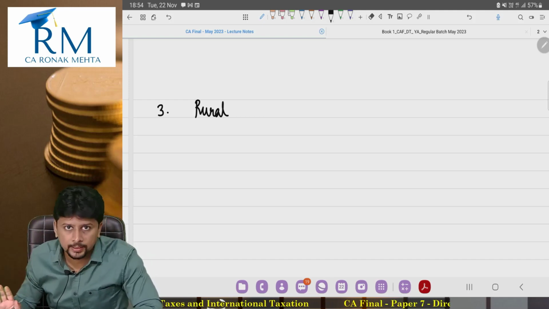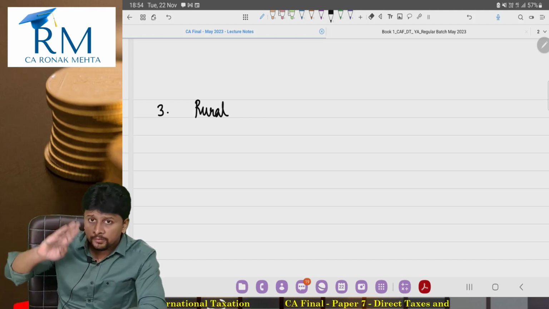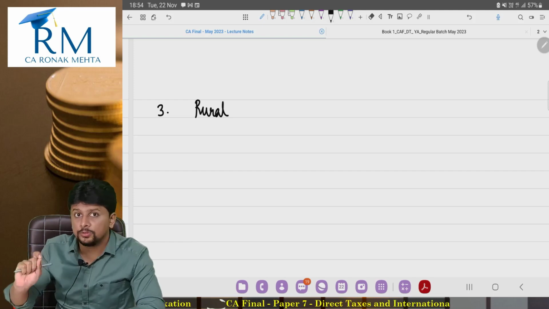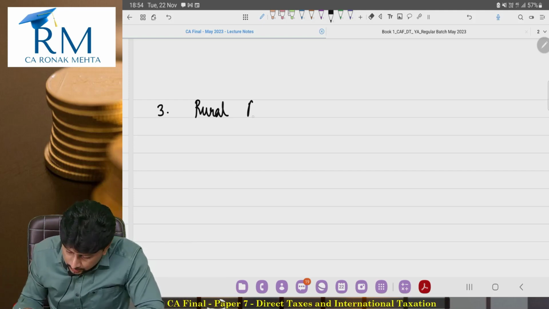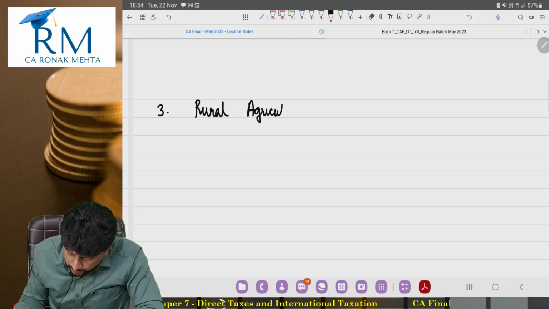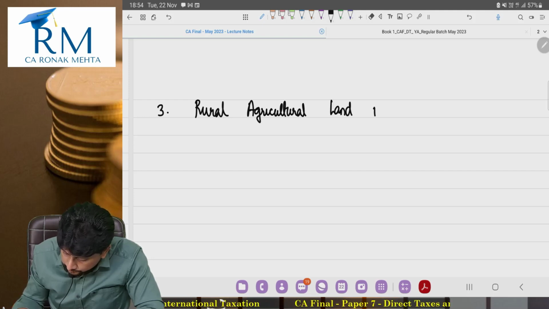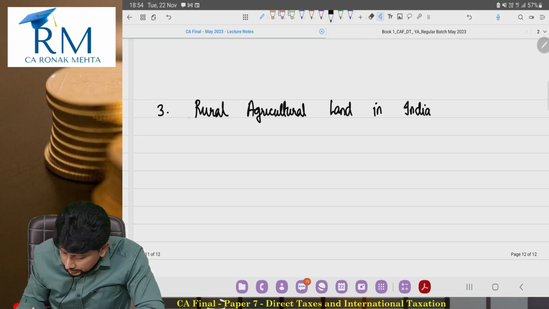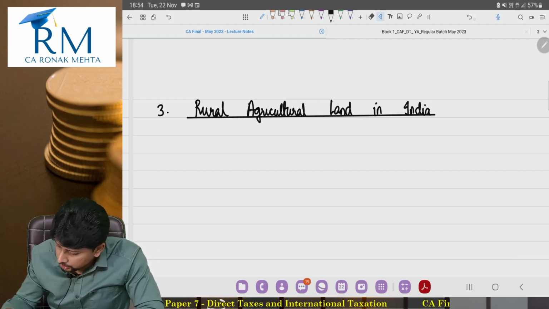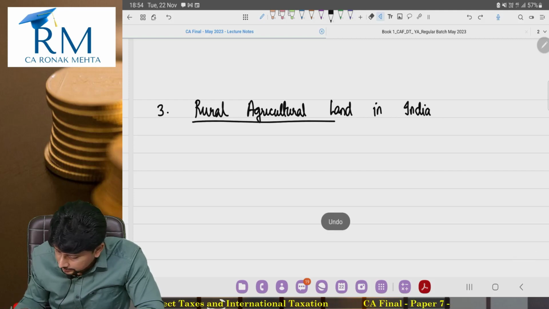So when you decode all of that, you come to this conclusion: rural agricultural land in India is an exception to the definition of capital asset.